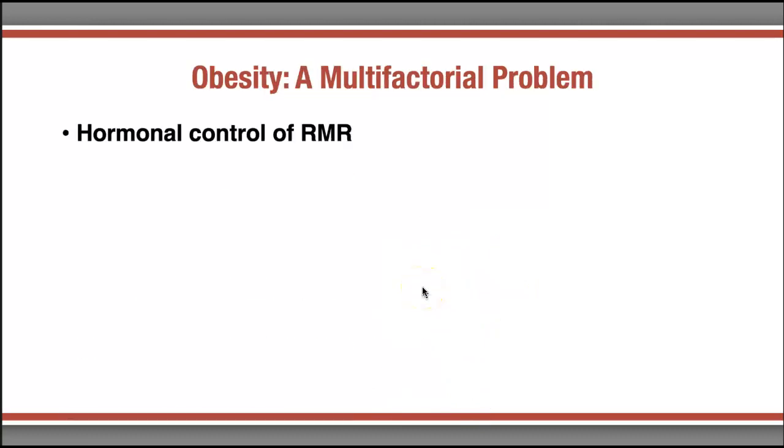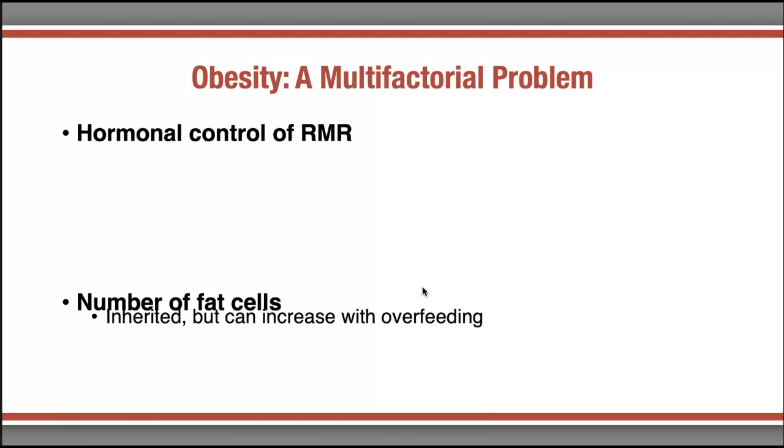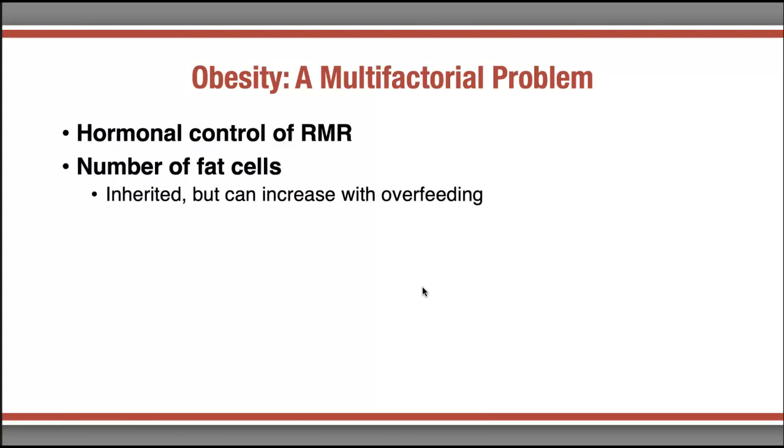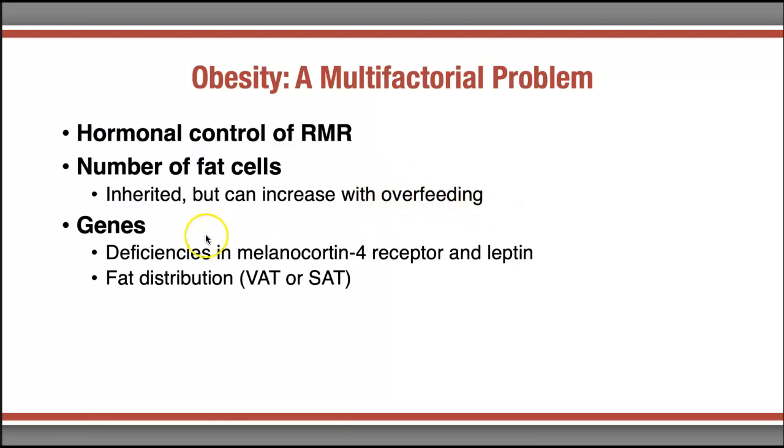Obesity is a multifactorial problem. It could be a hormonal control of your resting metabolic rate. The number of fat cells that you have is inherited, and they can increase when you eat too much, or overfeeding, as they put it here. That could be your genes. Some people have a deficiency in this receptor and the leptin.